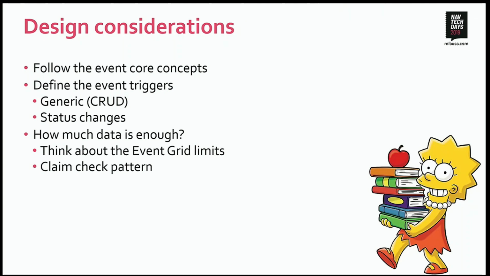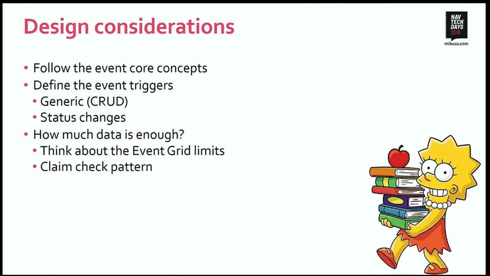Event Grid is about taking a message which is individual and does not have any relationship with any other messages. The other thing is, you need to define event triggers. Since we have 100,000 executions free, it doesn't mean that you have to push all the messages into Event Grid. You need to understand what the scenarios are where you actually need this data set to be outside.